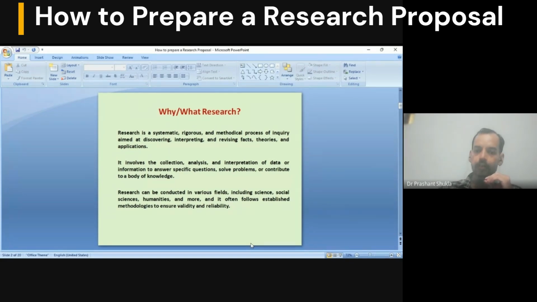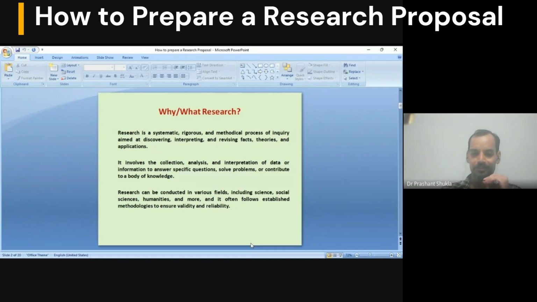It involves the collection, analysis, and interpretation of data or information to answer specific questions, solve problems, or contribute to a body of knowledge. Of course, research can be conducted in various fields, including science, social science, humanities, and more, and it often follows established methodologies to ensure validity and reliability.